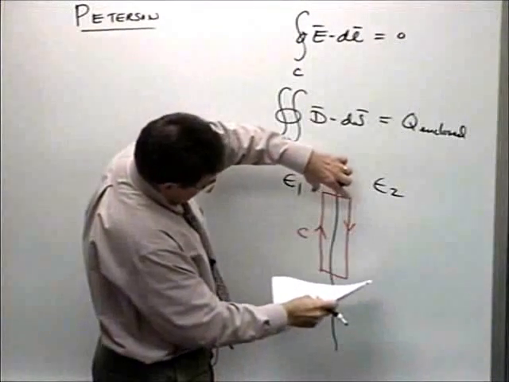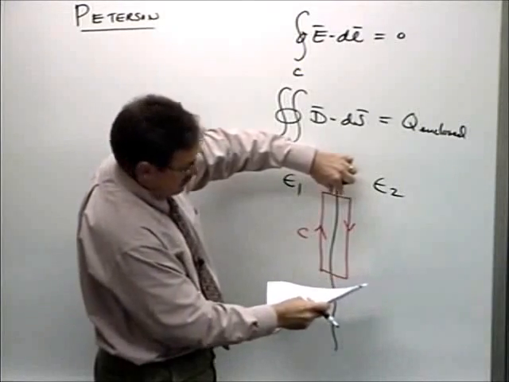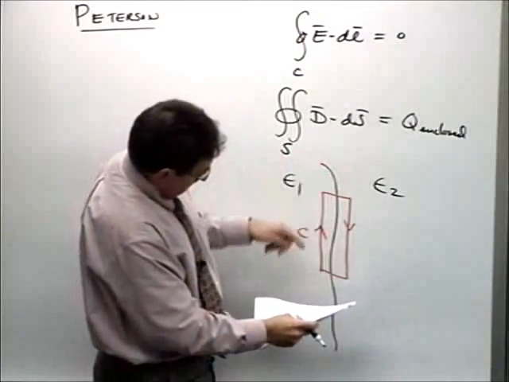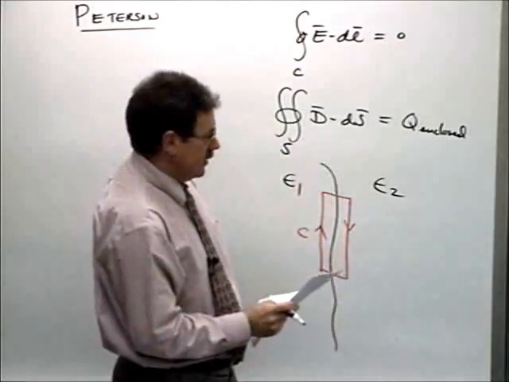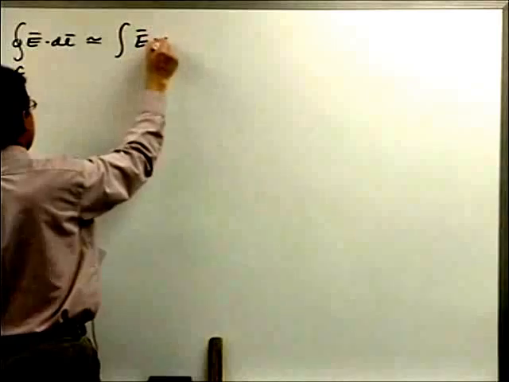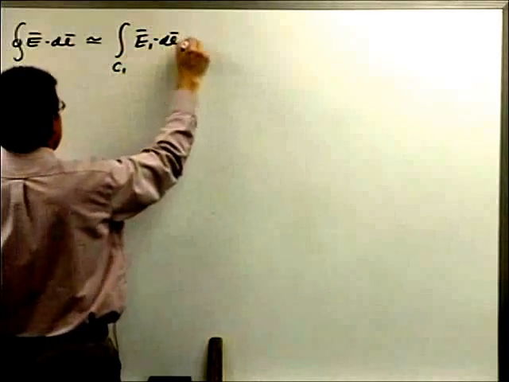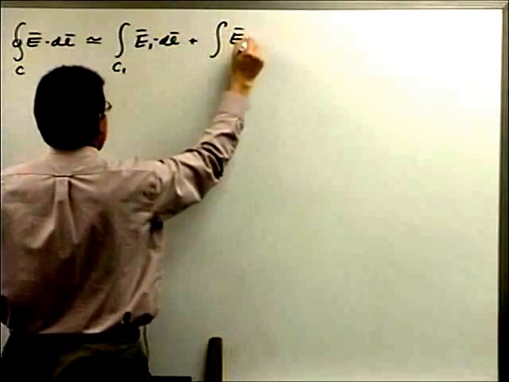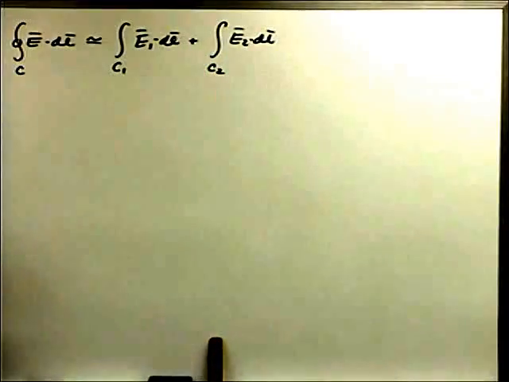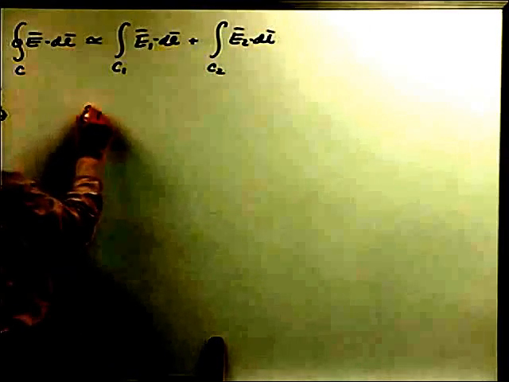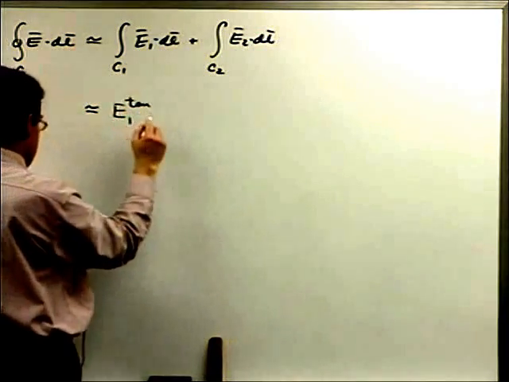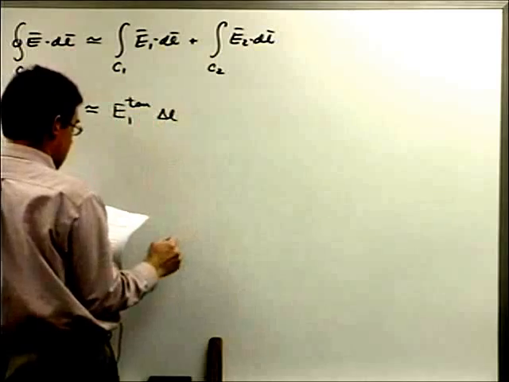I'm going to actually let the contour conceptually shrink down so it just hugs this interface, the left-hand path on one side, the right-hand path on the other side. So I've got the integral of E1 dot dl over, say, C1 plus the integral of E2 dot dl over, say, C2 here.